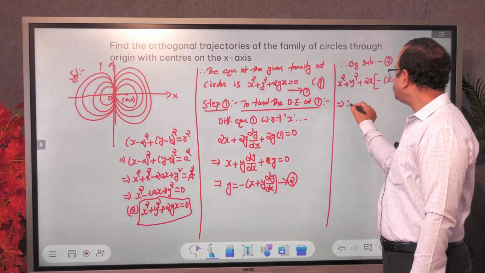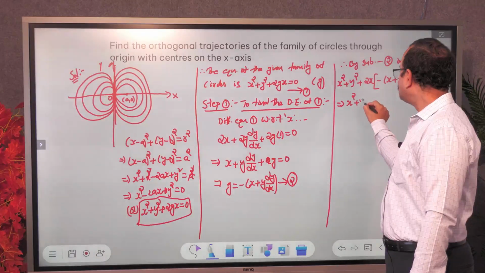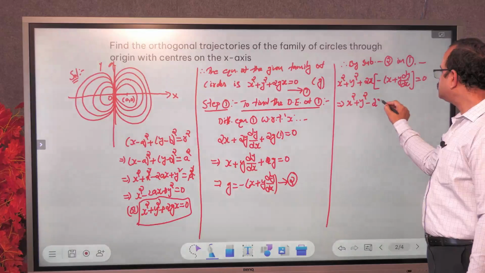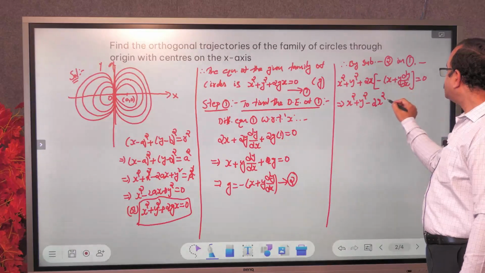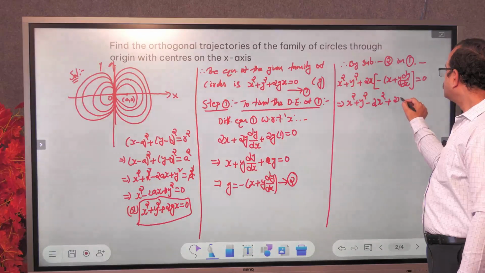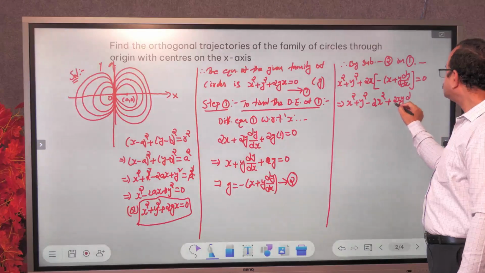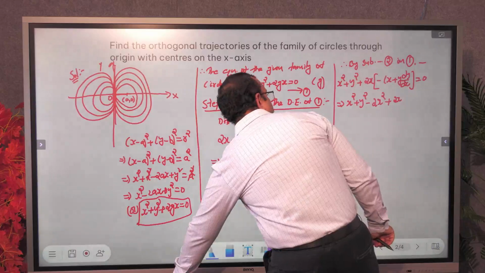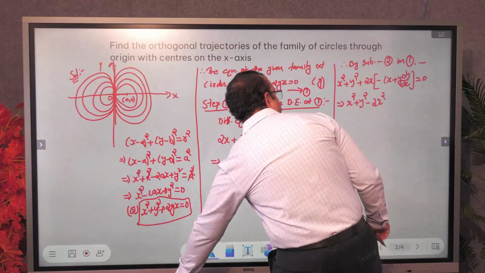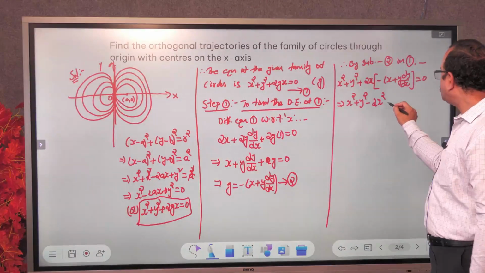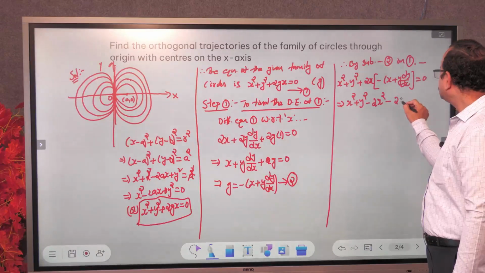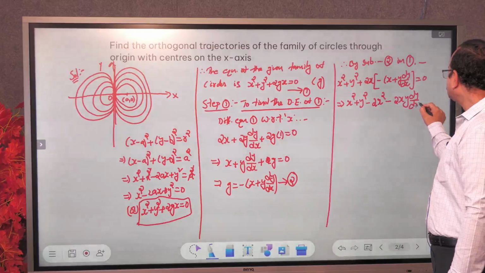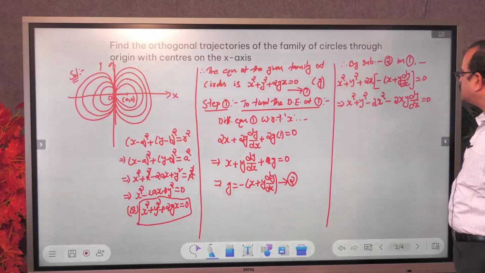We get x square plus y square minus 2x into x, which means minus 2x square, next minus 2xy into dy by dx is equal to 0.